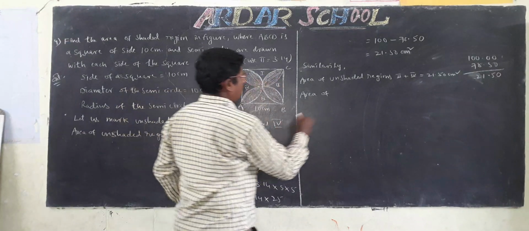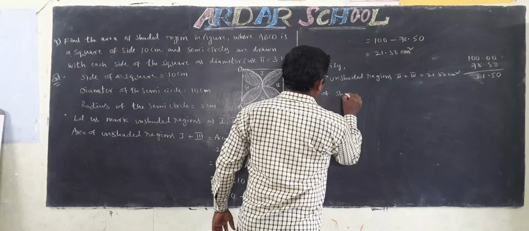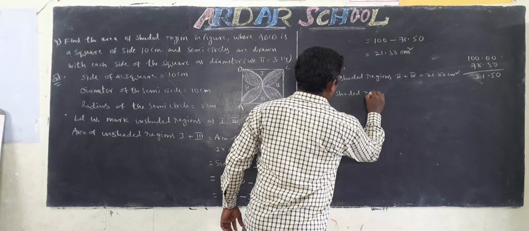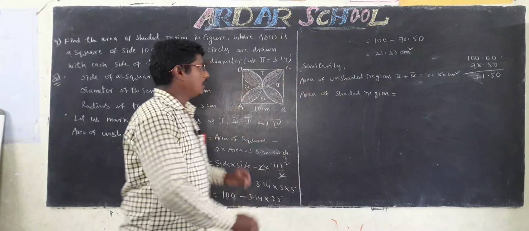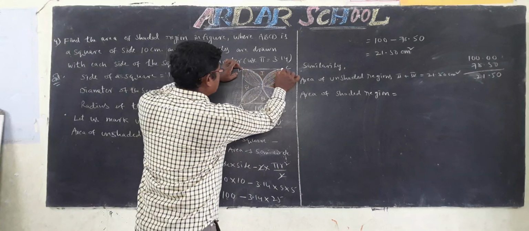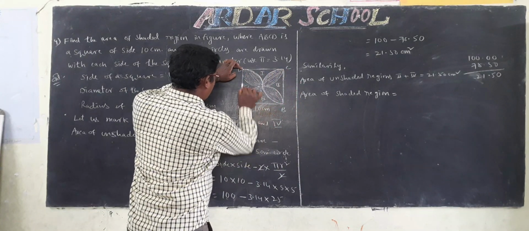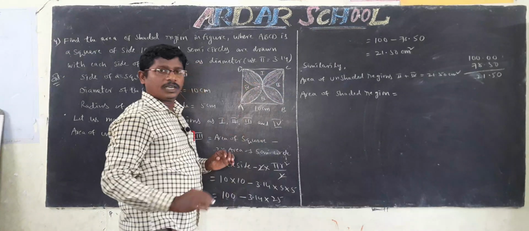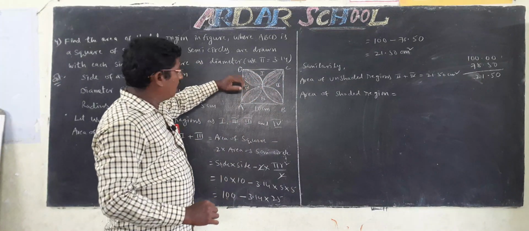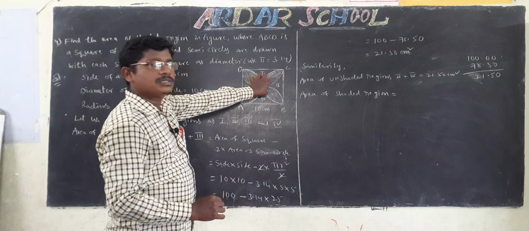Area of the shaded region is equal to, listen, area of a square minus area of unshaded regions. The area of the total unshaded region, then we get the area of the shaded region.